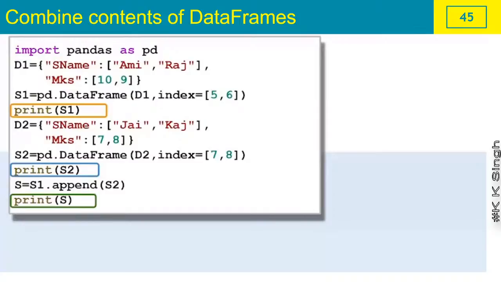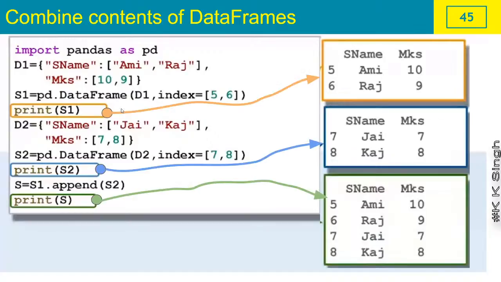When you print S1, it will give you S name as Ami and Raj, and these are the indexes which you have assigned, 5 and 6, and marks are 10 and 9. So this is the complete data frame, and 5 and 6 are the loc values in indexes.